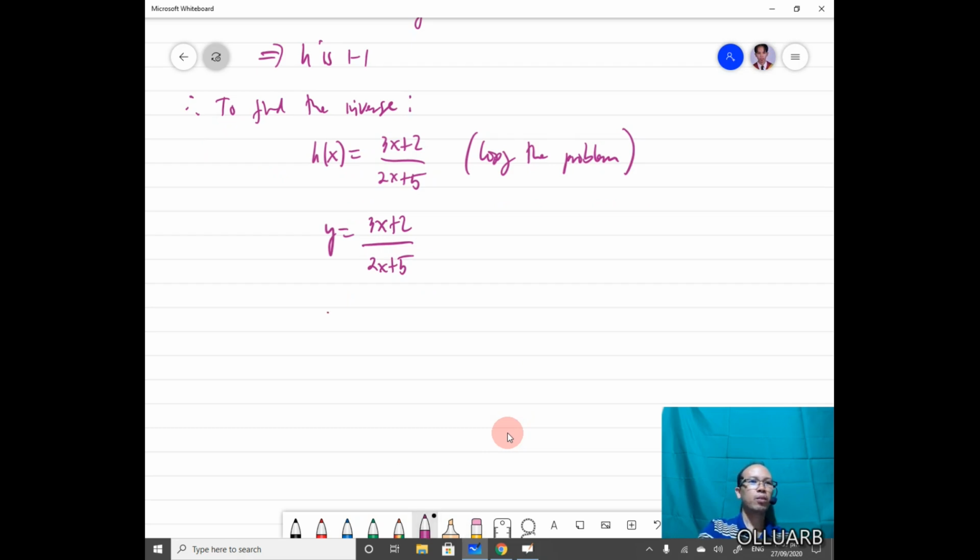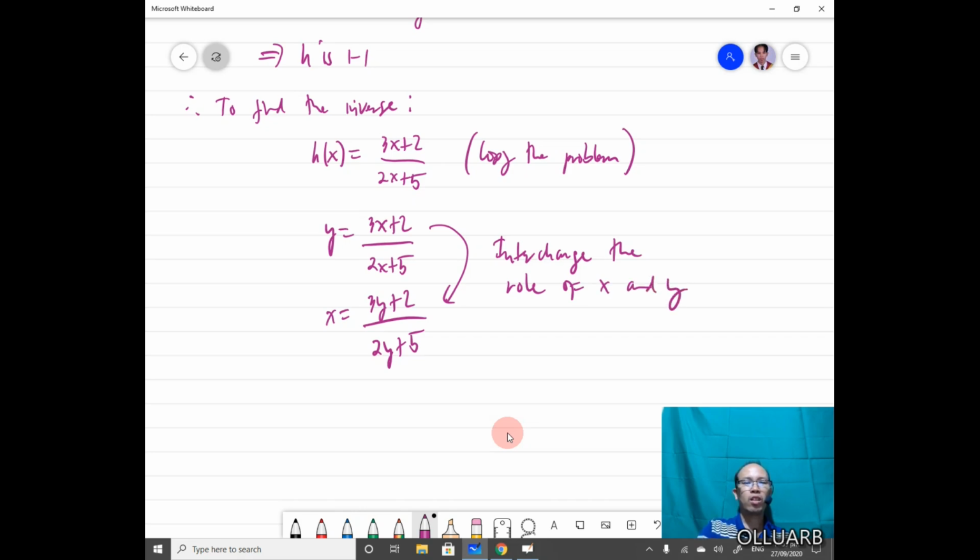From here you have to interchange 3y plus 2 over 2y plus 5. So from here, interchange the rule of x and y.